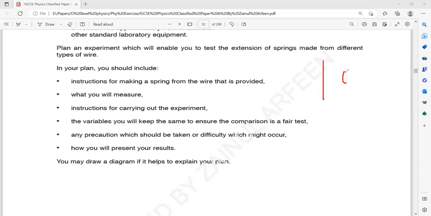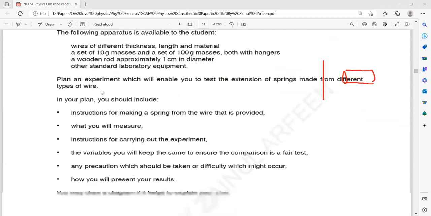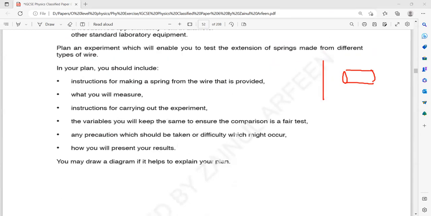They already mentioned we have a wooden rod. The extension means increase in length. How much the length increases, that refers to extension. So how can we make a spring using this?